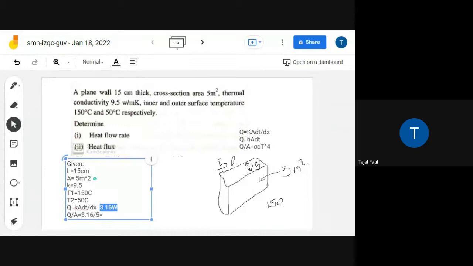.5 into 5 into 100, that is the temperature difference, divided by dx, that means 0.15. So as for me, the answer will be 31.66 kilowatt. Please check.